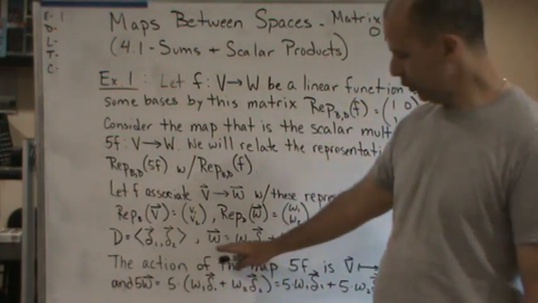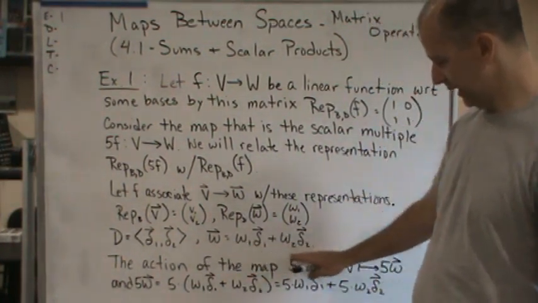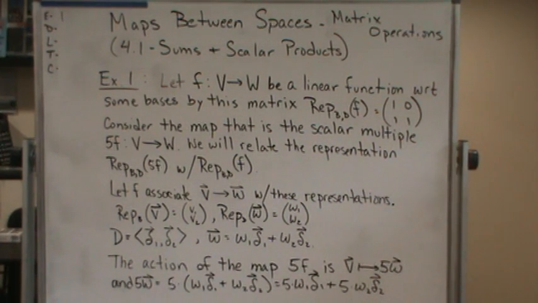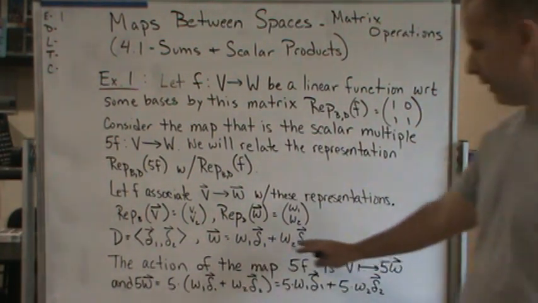And so the vector w is going to equal this linear combination of the basis vectors. Okay, and that's where we're at right here.